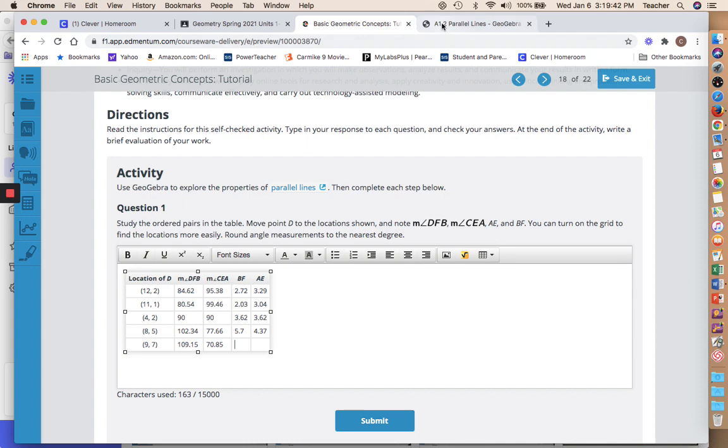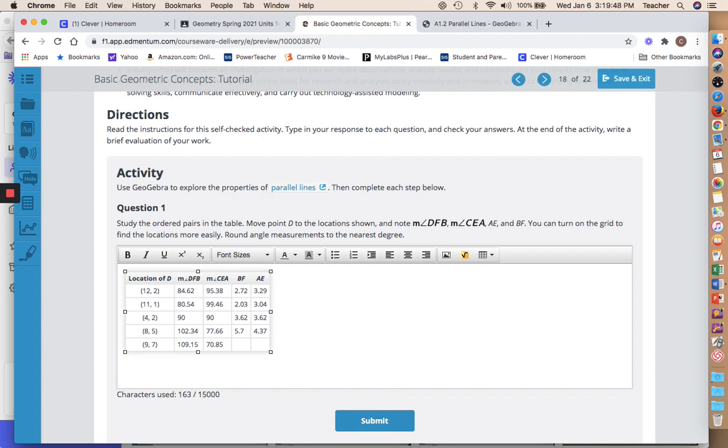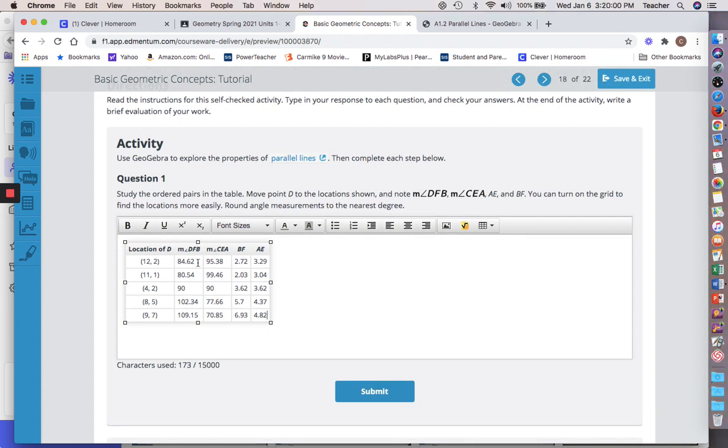Let's see what we got here. 6.93, 4.82. Oh, I said round the measures to the nearest degree. Well, I kind of wish I had seen that first.